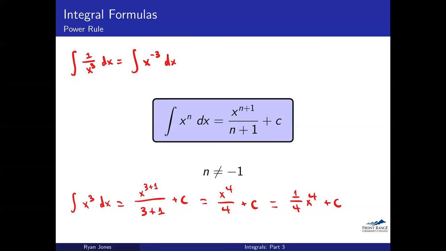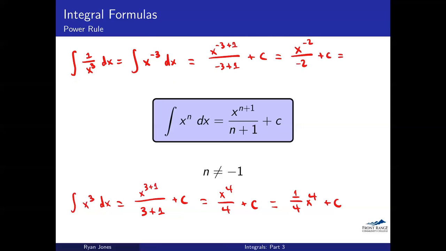Now the power rule still applies. I can add 1 to that exponent and then divide by the resulting exponent. And let's not forget plus c. So now I have x to the -2 over -2 plus c.